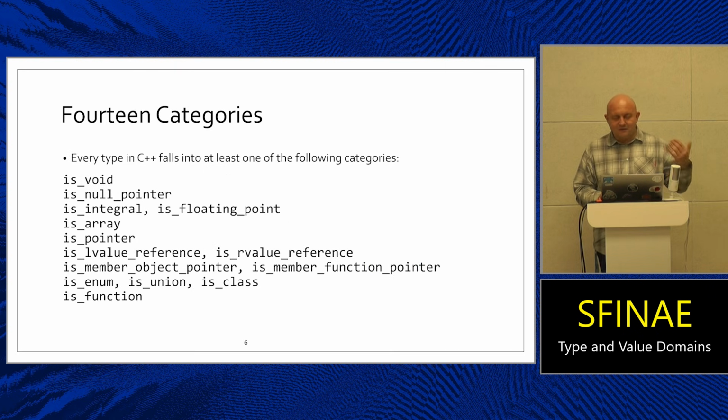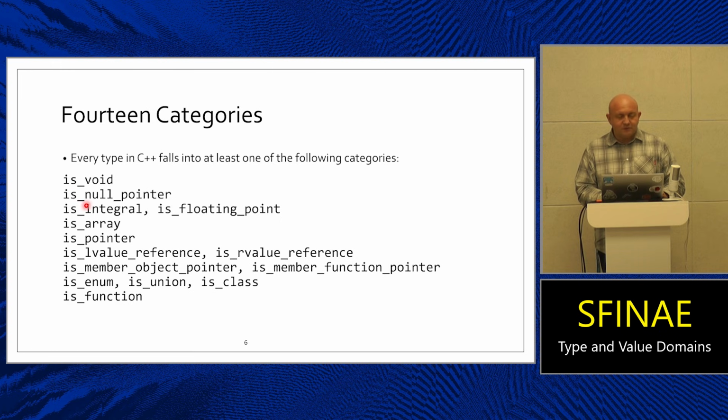There are 14 fundamental type categories in C++, and it's actually easy to remember. The C++ standard itself is ISO/IEC 14882, and that leading 14 perfectly matches the number of categories. And here they are on the slide.